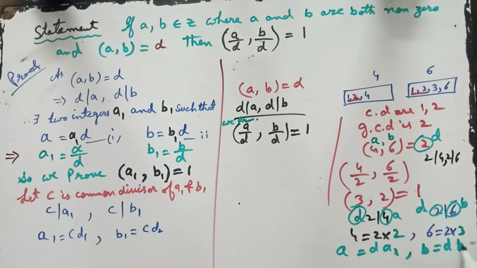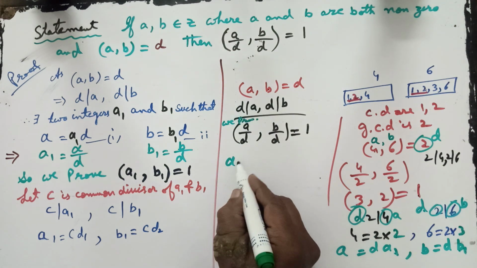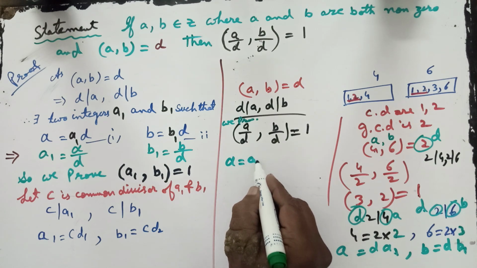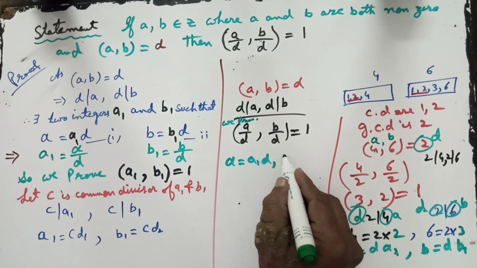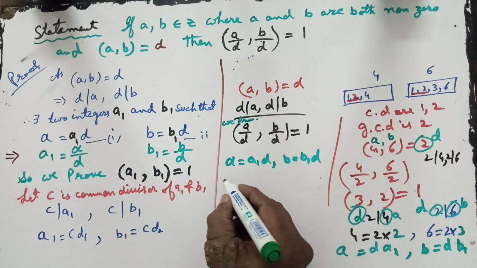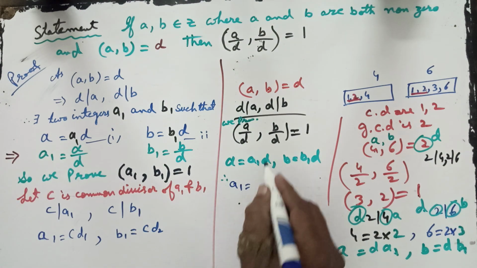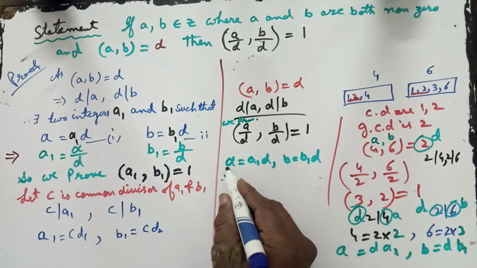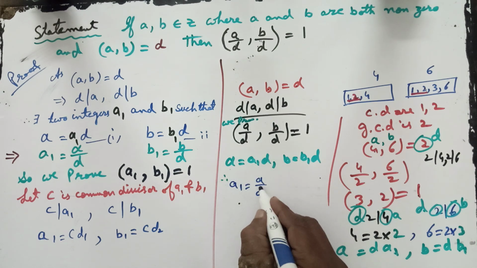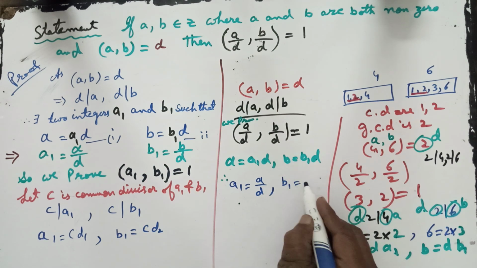Then there exist a1 and b1, two numbers. So if d divides a and d divides b, then a can be written as a1d and b can be written as b1d. Therefore a1 is equal to a over d, and b1 is equal to b over d.